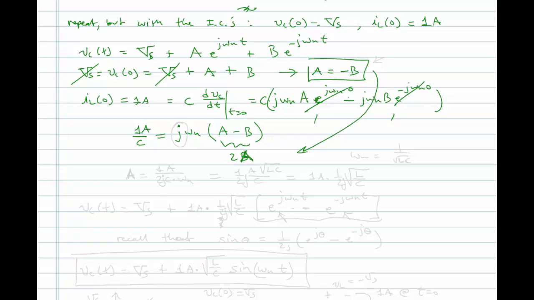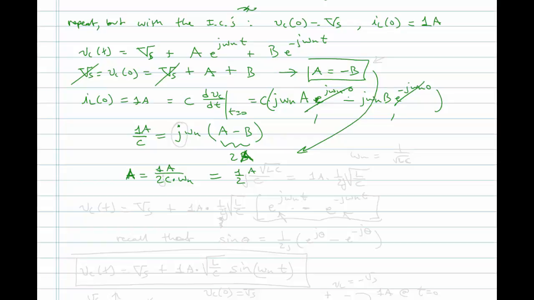So let's solve for A. A is equal to 1 amp over 2C times omega n. This is confusing because this is variable A, this is amps. Let's go a little further here. I'll leave the amps in there.